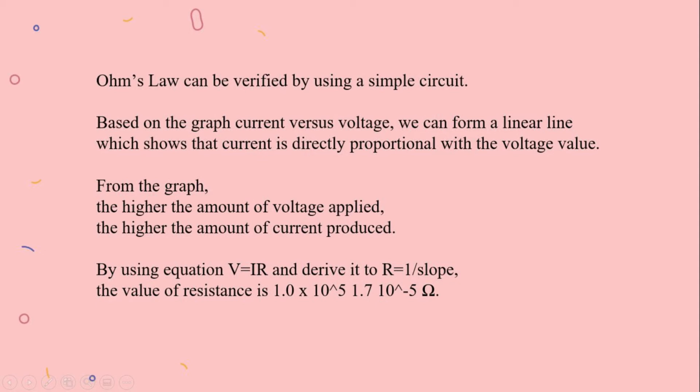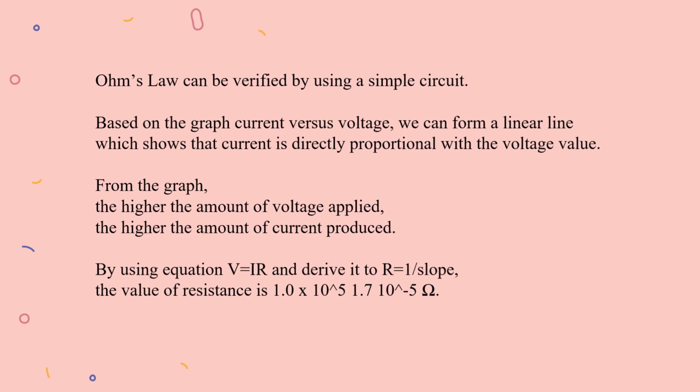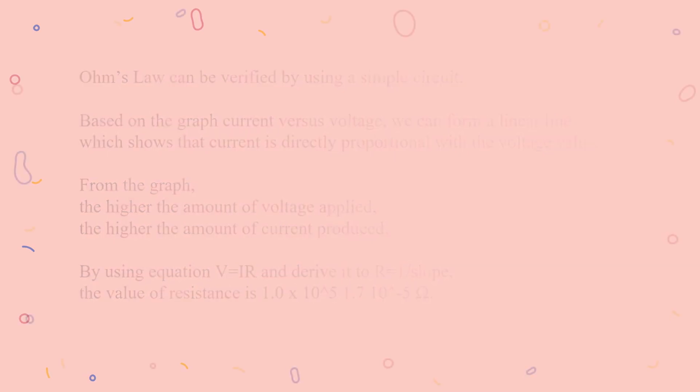For resistance, we can determine it by using the equation V equals IR and deriving it to R equals 1 over slope. We calculate the value of the slope on the graph and substitute it in the equation. The value of resistance is 1.0 multiplied by 10 to the power of 5 plus minus 1.7 multiplied by 10 to the power of negative 5 ohm.